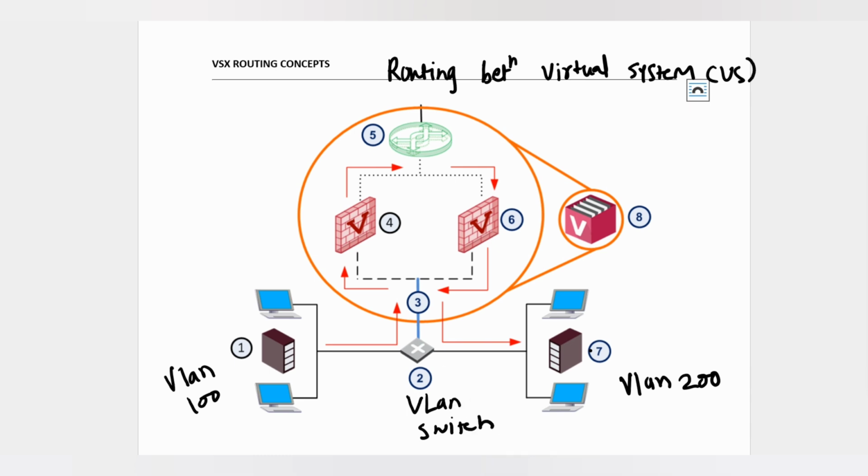Then this is your VLAN switch, number 2. Number 3 is the VLAN trunk, and these are your virtual systems, number 4 and 6.